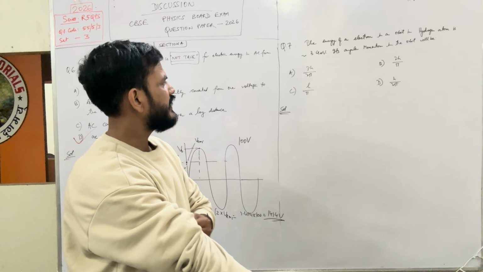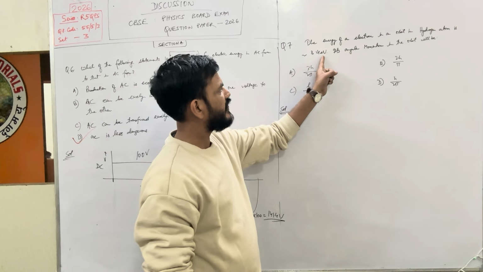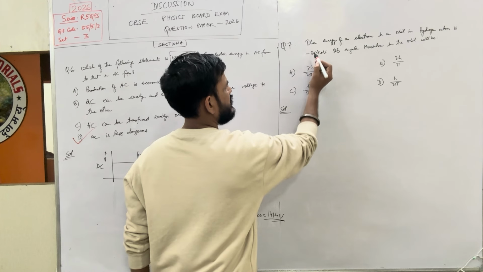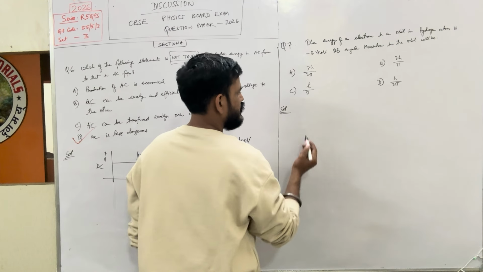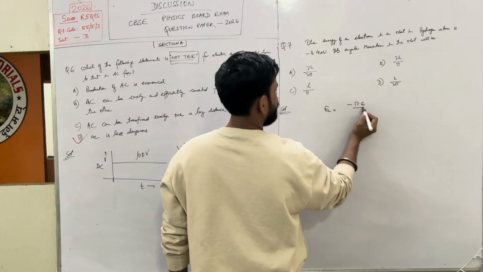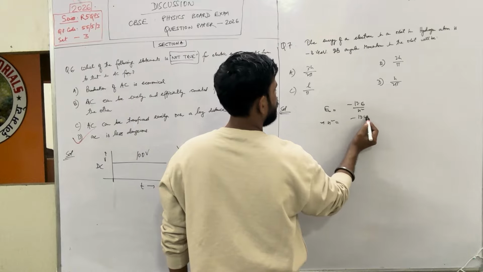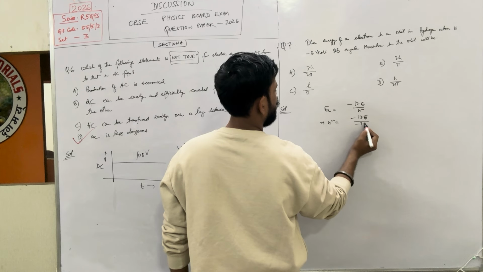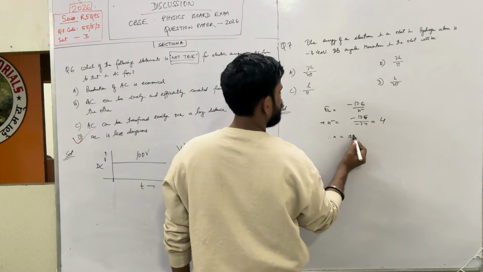This question: the energy of an electron in an orbit of a hydrogen atom is minus 3.4 electron volt. You need to find the angular momentum. You know energy in an orbit is given by minus 13.6 by n square. So n square will be minus 13.6 divided by minus 3.4, which is 4. So n will be plus minus 2.